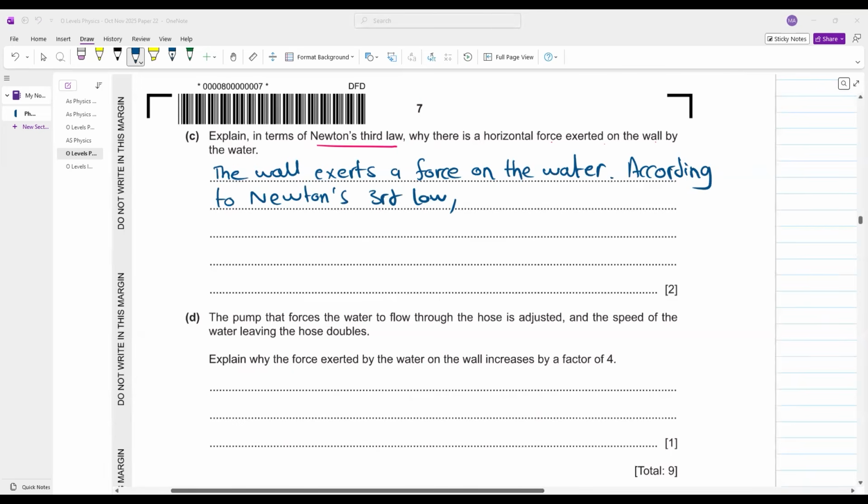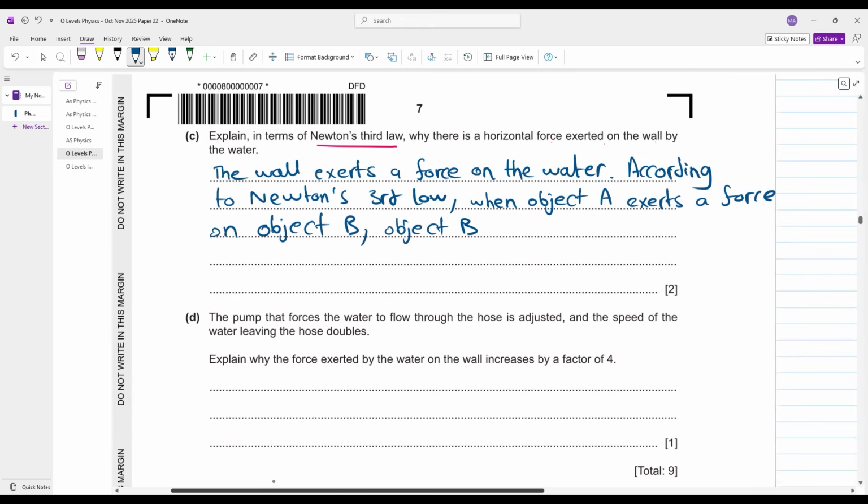यस, when object A applies a force on object B, yeah, when object A exerts a force on object B, what will happen?